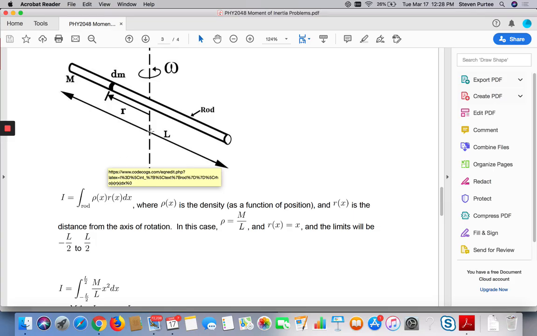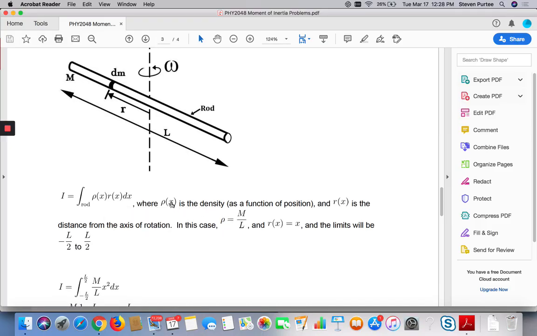So the moment of inertia here is going to be our density, which is constant here. This thing has constant density, times the distance of some point away from the axis squared, dx. So here rho is just the density of the rod, the total mass over the length. My distance from the axis of rotation we'll call x, and then my limits will be, if this is x equals 0 here, negative L over 2 up to L over 2.